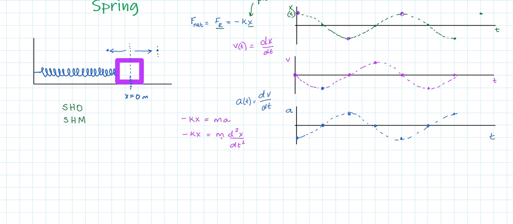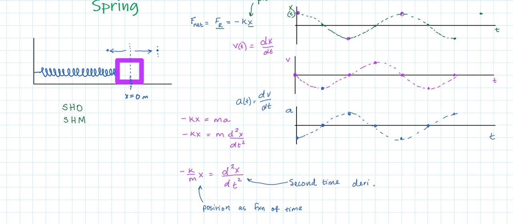Now I'm going to divide by the mass so I can get the constants over on this side, and what I see then is negative k over m times x equals the second derivative, d squared x over dt squared. What I'm showing here is that this function, position as a function of time, multiplied by some constant, is equal to its second derivative.